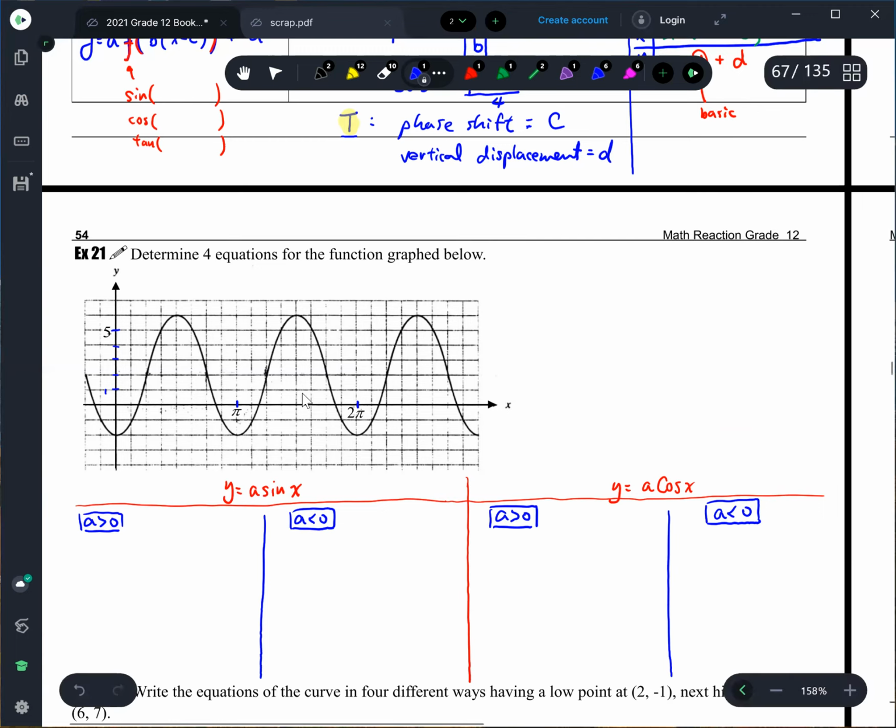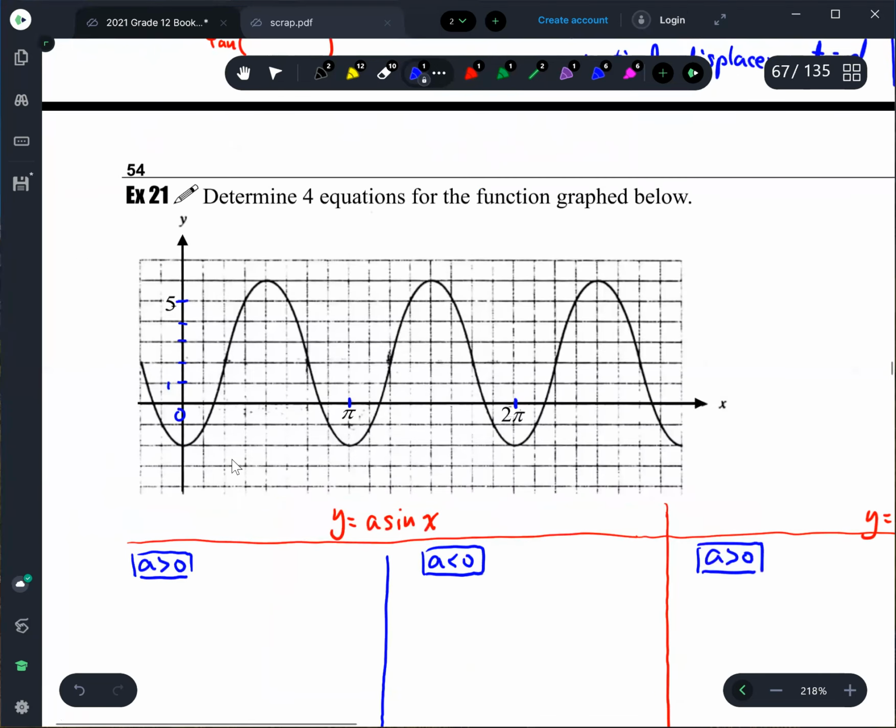Okay, Caleb, have you counted? How many boxes are there from 0 to pi? 15, sorry, pi is 16 here.